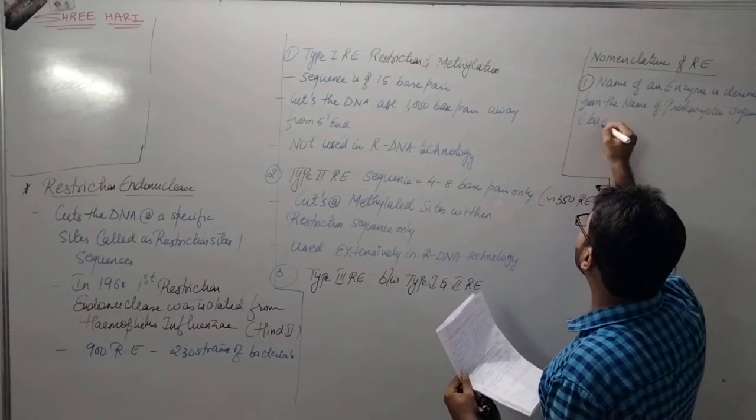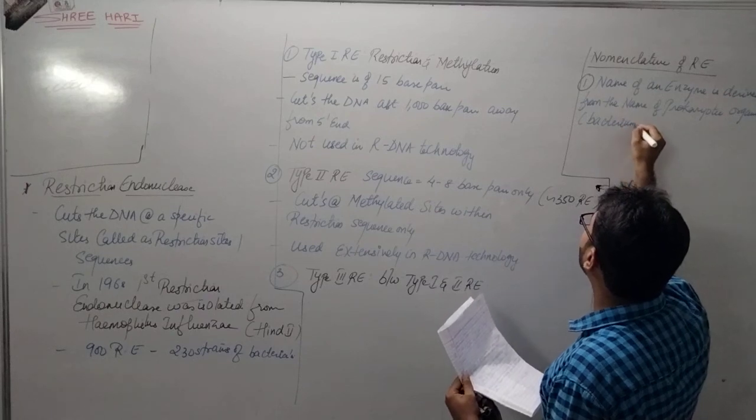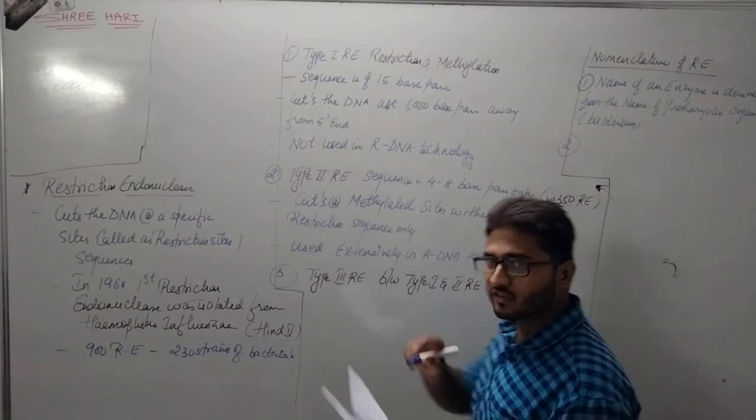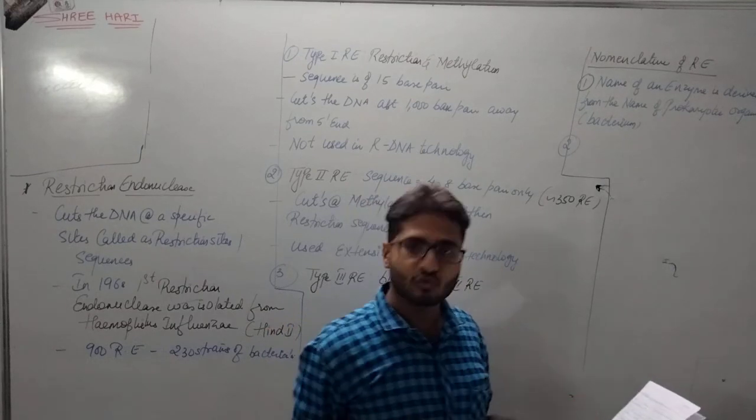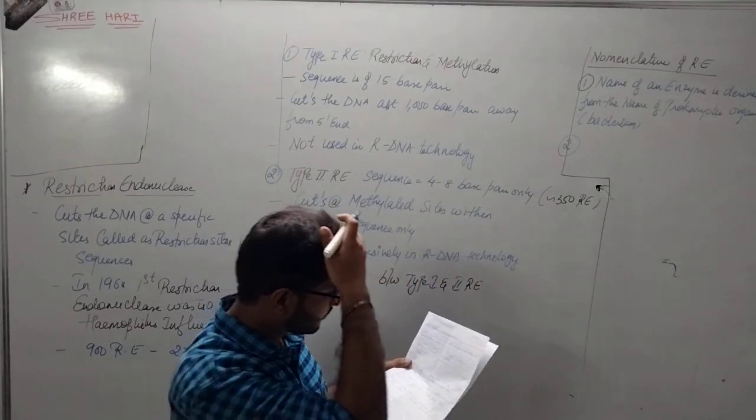Let us say the prokaryotic organism is a bacterium. We will discuss one example after discussing the rules of nomenclature of RE.